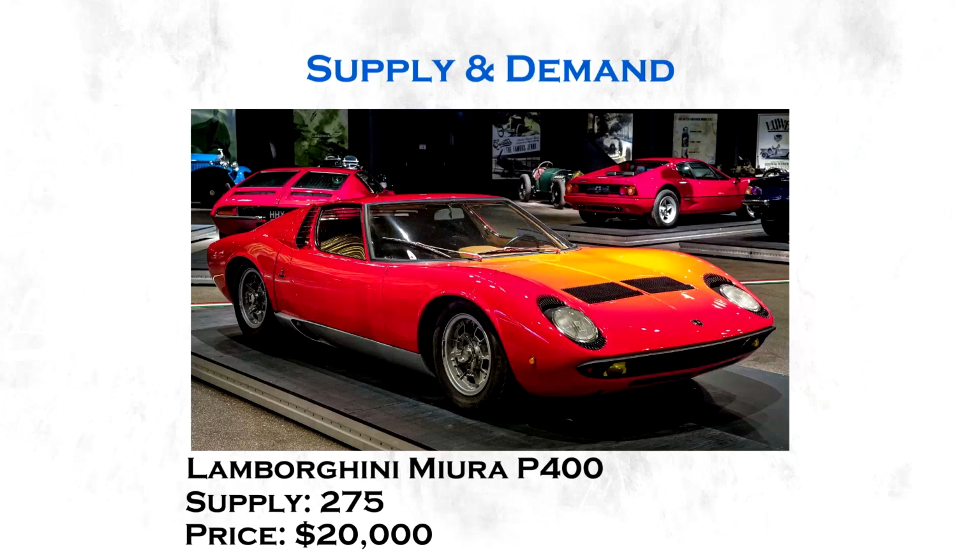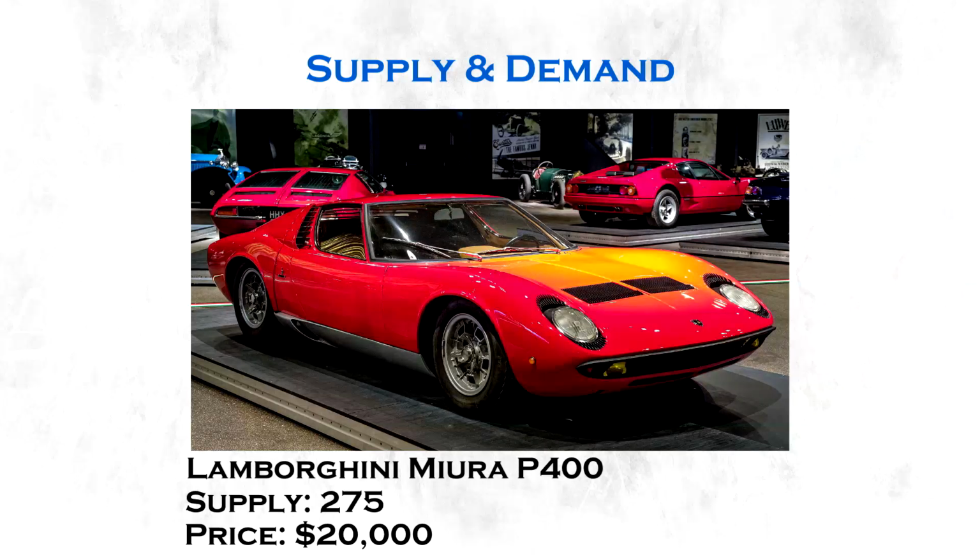So this car was limited to only 275 cars. So we had a supply of only 275 cars worldwide. Now over time this car gets rarer because some of them maybe don't even exist anymore, and not everybody wants to sell it, which means the supply is low and it is very hard to get one of these cars.